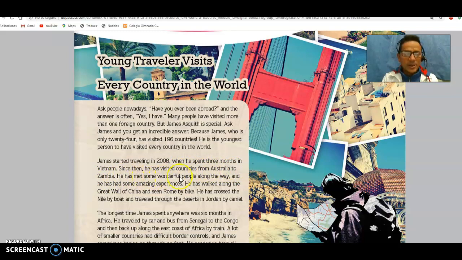He has met some wonderful people along the way, and he has had some amazing experiences. He has walked along the Great Wall of China and seen Rome by bike. He has crossed the Nile by boat and traveled through the desert in Jordan by camel.